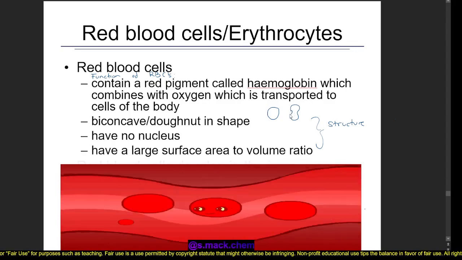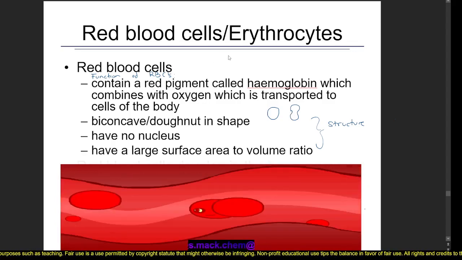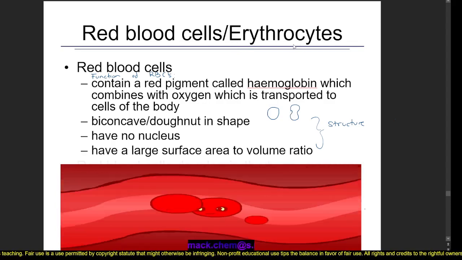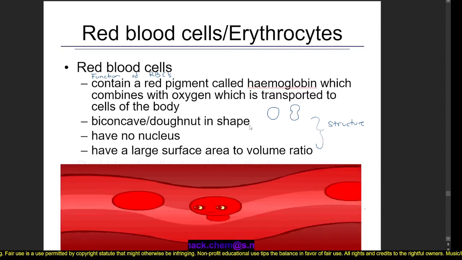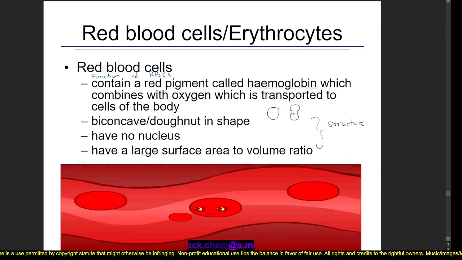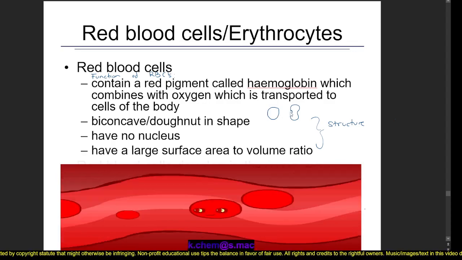What you're going to take down from me from the screen would be the function of the red blood cells. Right? You're going to take down that the name is also called erythrocyte. And you're going to take down the structure of the red blood cell, in addition to these two very simple diagrams I've drawn on the right hand side. Right? So the front view and the side view.